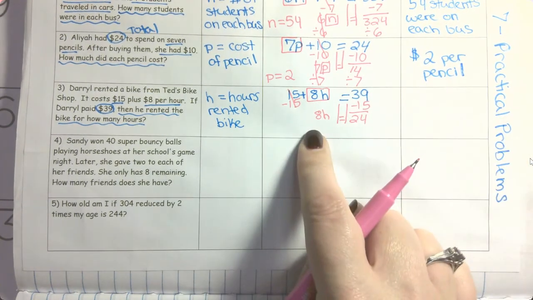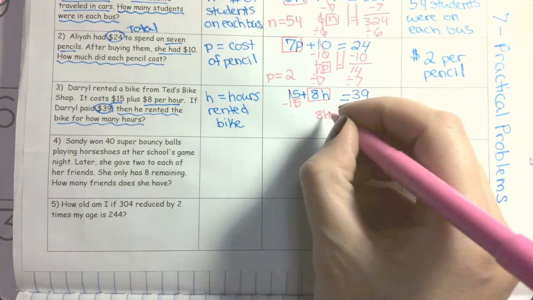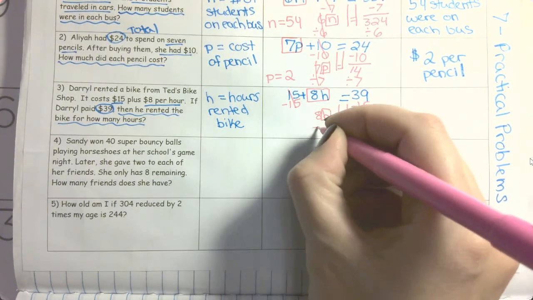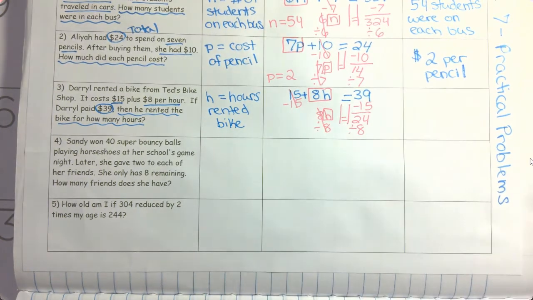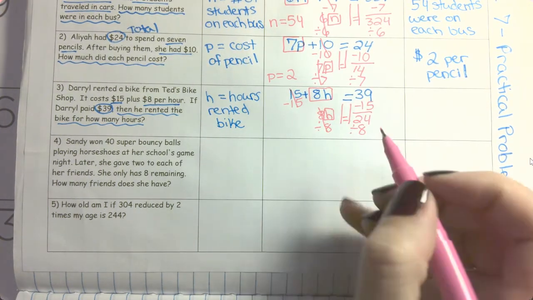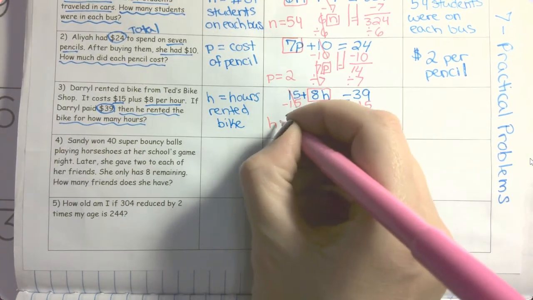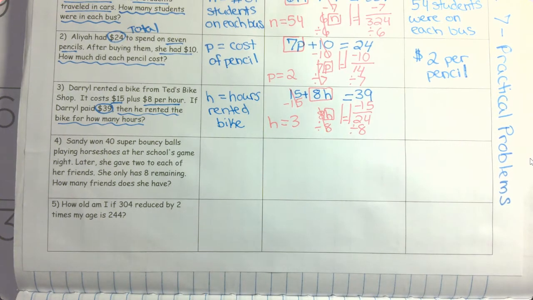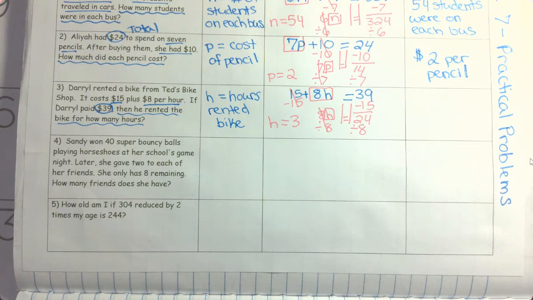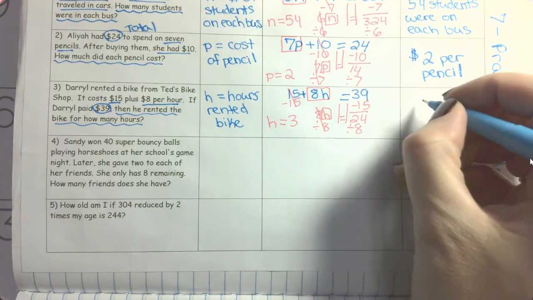So 8H equals 24. To solve for H at this point, I would box it in and divide both sides by 8 to get this to cancel. And H would equal whatever 24 divided by 8 is, and 24 divided by 8 is going to give you 3. So to answer that question, he rented the bike for how many hours? He rented the bike for 3 hours.